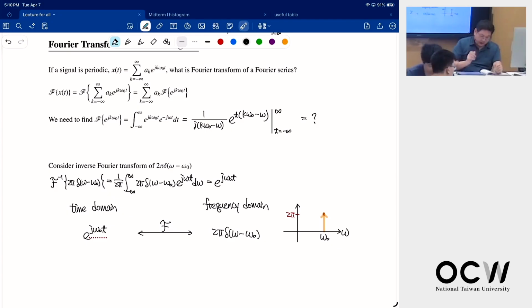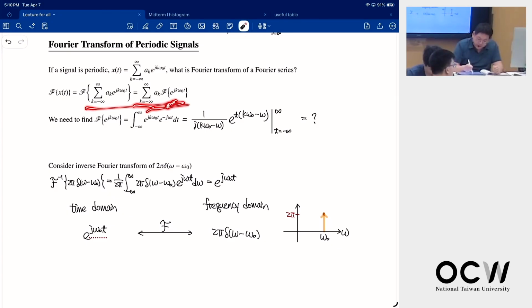Therefore, for this periodic signal, what do we have?